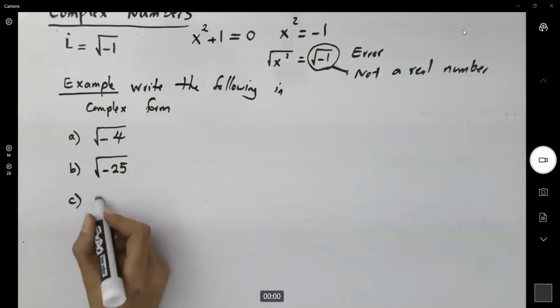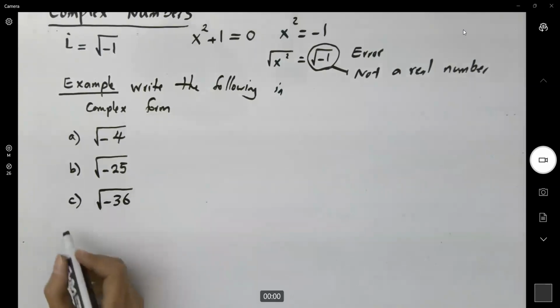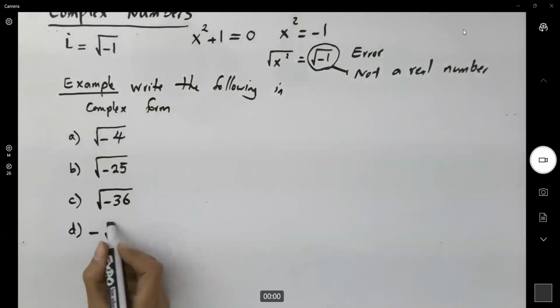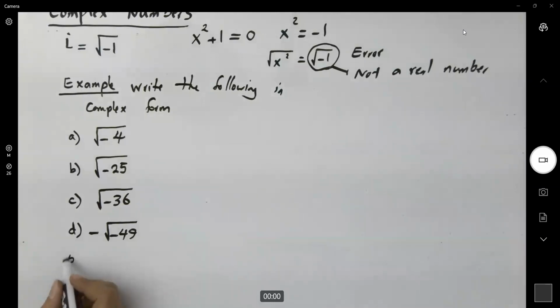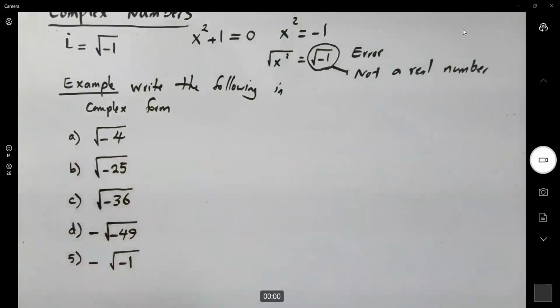The third number is square root of -36. The fourth number is minus square root of -49. The fifth number is negative square root of -1. What are the representations of these?